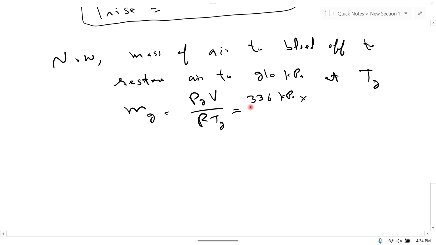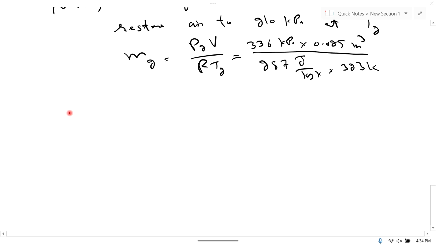So 336 kilopascal absolute, multiplied by the volume, 0.025 cubic meter, which is given. The value of R for air is 287 joule per kilogram per Kelvin, and T2 is 323 Kelvin.